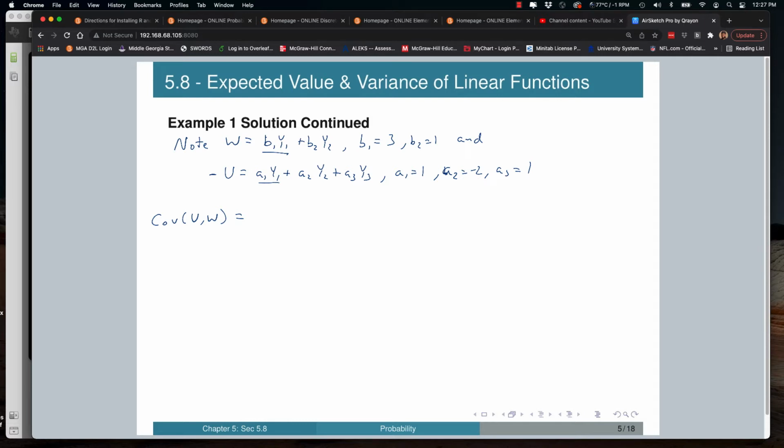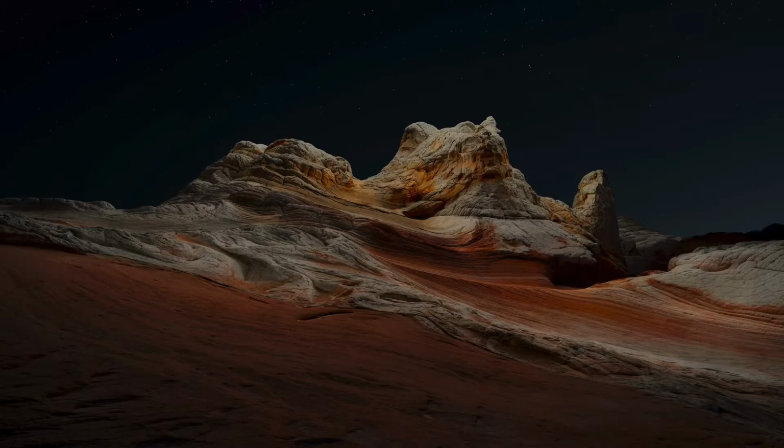So the very first term is going to be a sub 1, b sub 1 times the covariance of Y sub 1 and Y sub 1, plus, now I keep pairing this term with each term in W, like foiling them together, a sub 1, b sub 2 times the covariance of Y sub 1 and Y sub 2, plus, and now I've finished with that one, I do the same thing with the a sub 2, Y sub 2 term, pairing it with each one of the W terms.